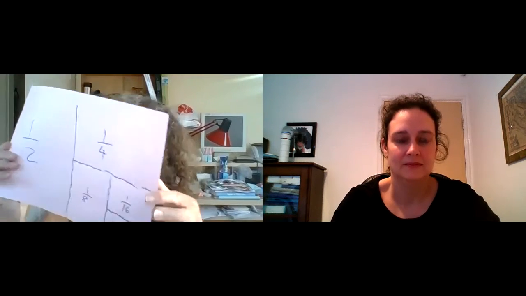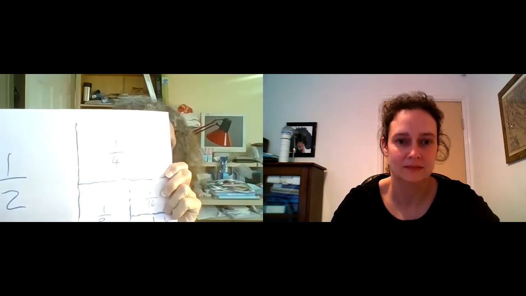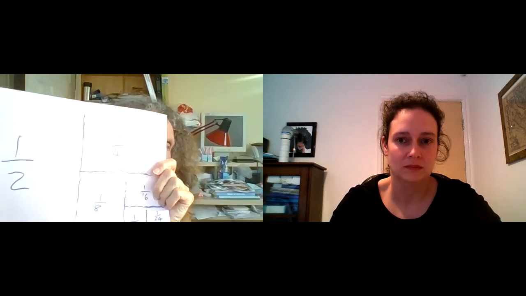There's lots of different ways of doing it, and depending on your learners, that might be the purpose of your lesson. This could be with a group of A-level students, early on in their work on geometric progressions, helping them to understand how come there are limits to infinity.